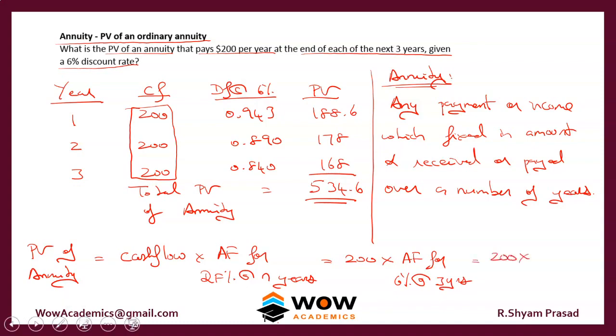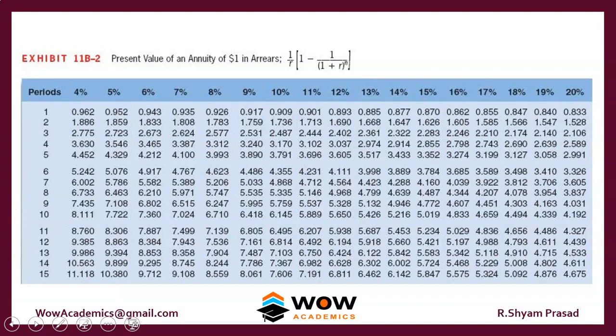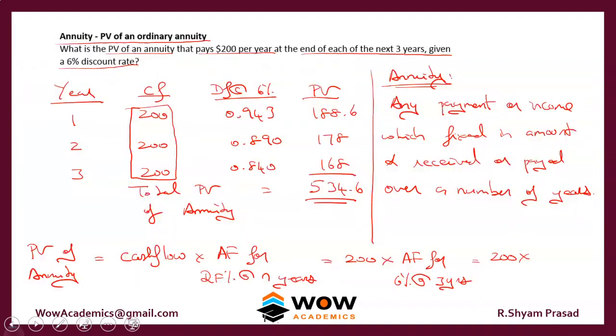So let's look at that factor. An annuity factor table is similar to the present value table, with the percentage on this side and the number of years on this side. Our job is to look at 6% and at 3 years. That comes to 2.673, and the answer is 534.6.